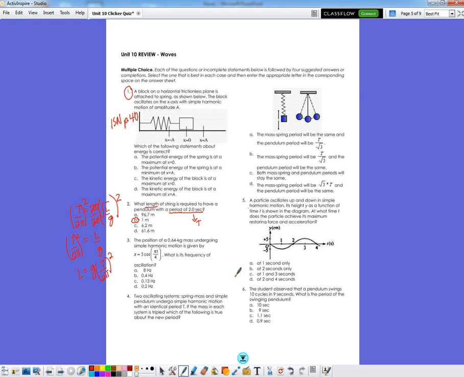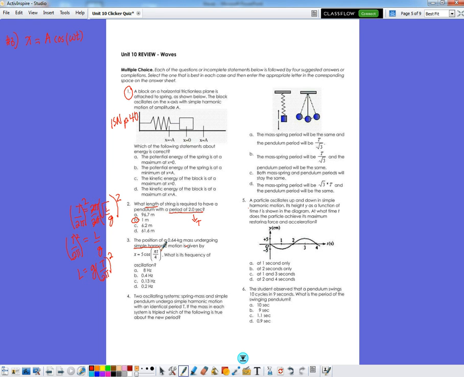Okay, next, number 3. Okay, I will put number 3 right here. A 0.64 mass undergoing a simple harmonic motion is given by x equals 5 cosine pi t over 4. What is the frequency of oscillation? Okay, when you have this equation, this one is similar to the general equation of simple harmonic motion, x equals A cosine omega t.